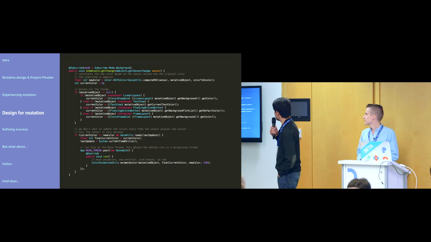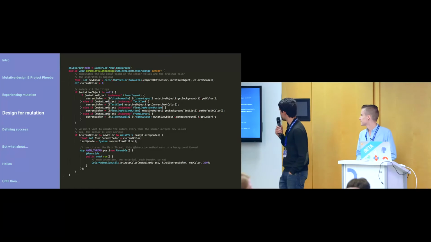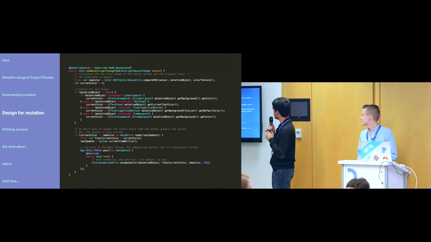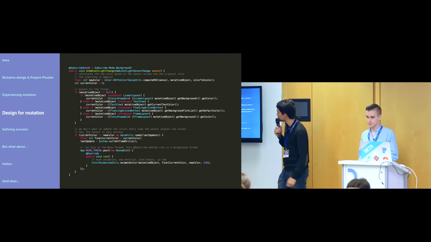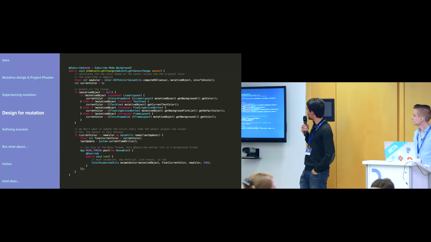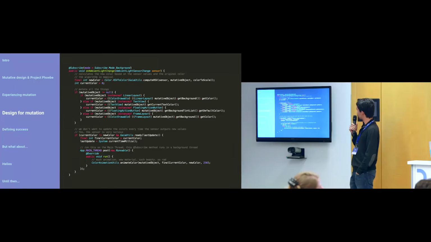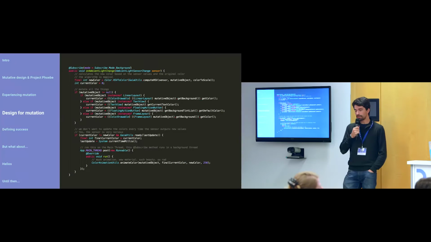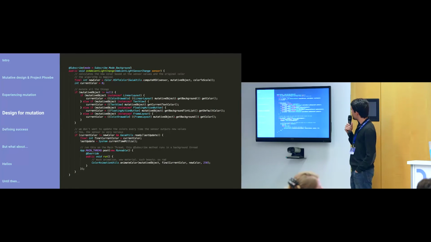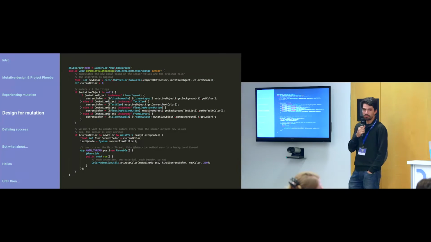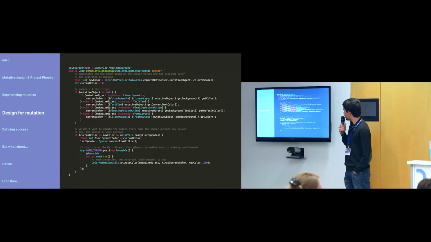Yeah, sure. This is just a sample code of what I've done for this. First, we get the light sensor value from Android, and then we calculate the color based on that light value. Then based on that, we apply the background color, for example, for a text view or floating action button, based on the magical calculation that we came up with.